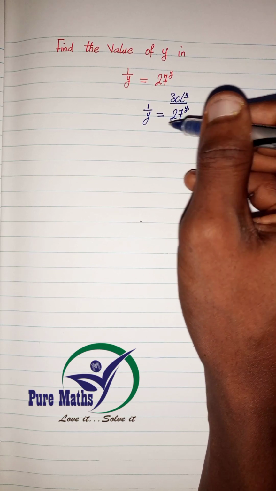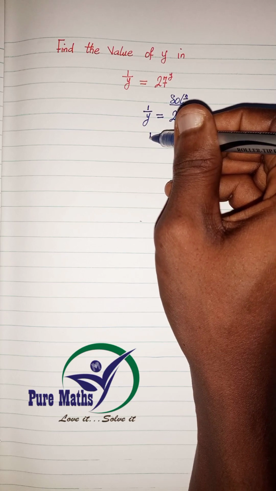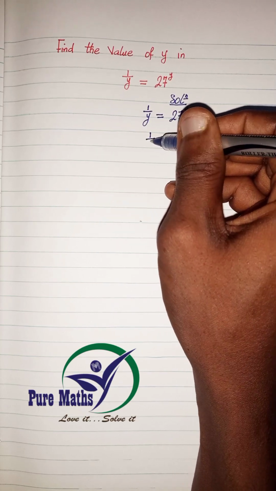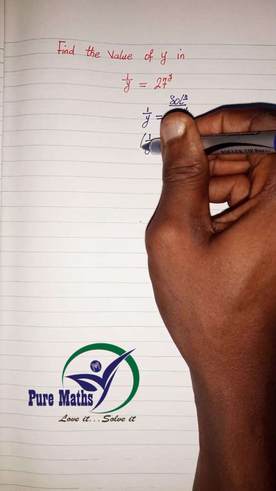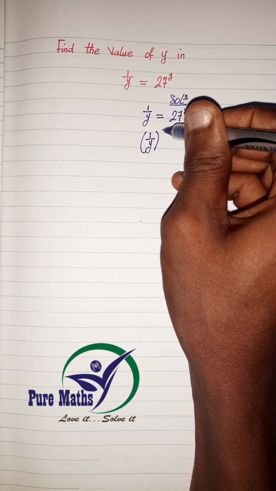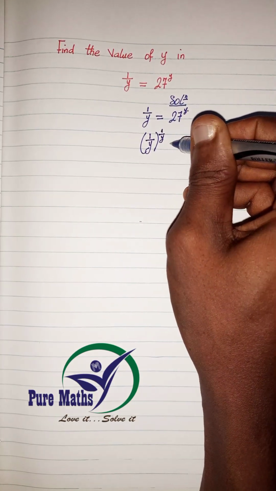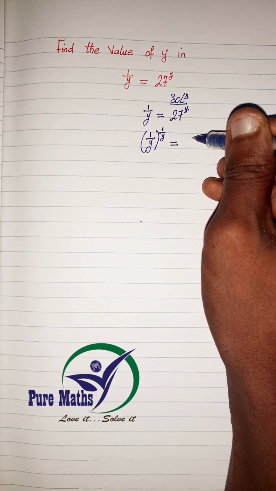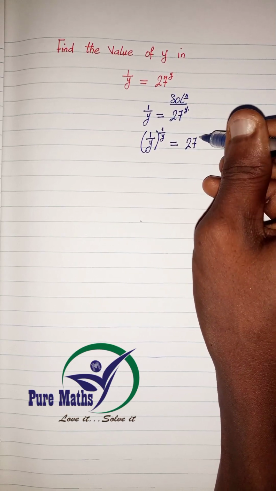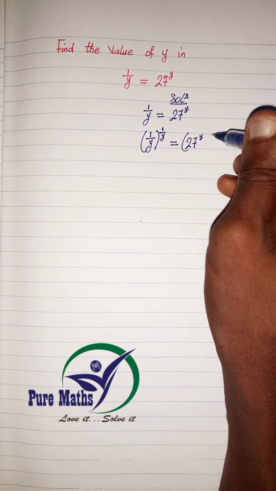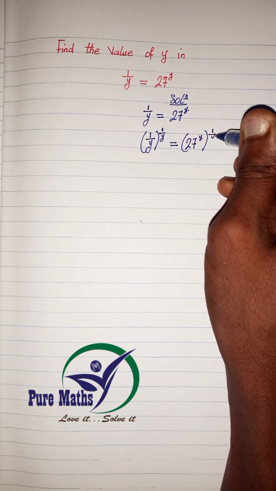What I'm saying is that we'll multiply both sides, that is the left and right hand side, by the inverse of power y, that is 1 over y, and also do the similar thing to the right hand side by multiplying 27 to the power of y by 1 over y.